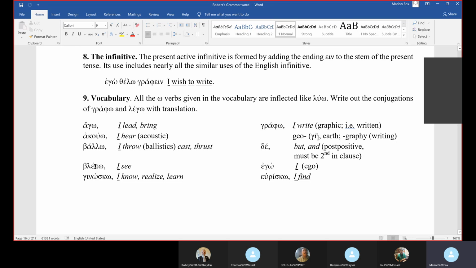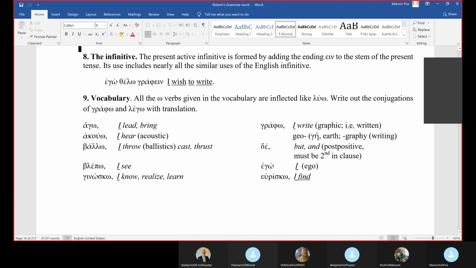Blepo, two syllables, blepo. Blepo is I see. There's different words for seeing. In English we can say I see when we mean I see with my eyes, and we can say I see when I understand something. I see with the eye of my mind. And so we have different words in Greek though, whereas English will have the same word.